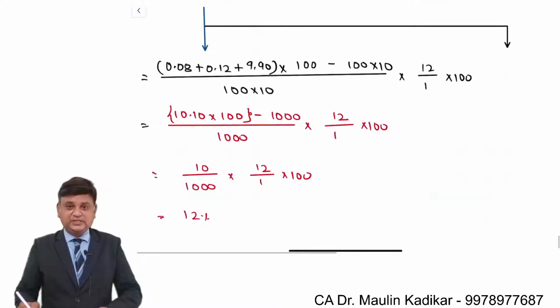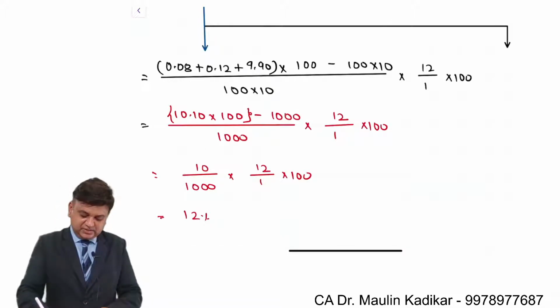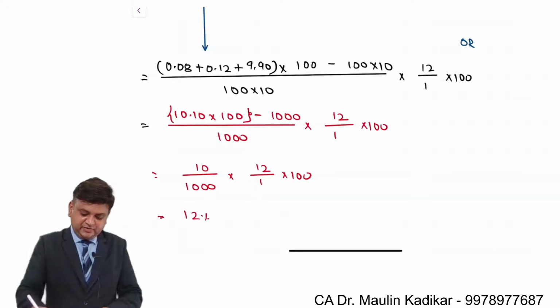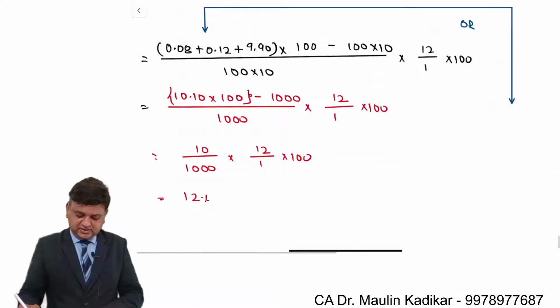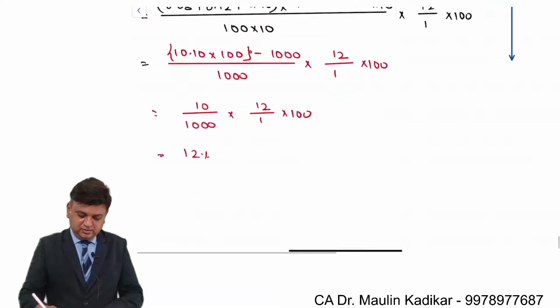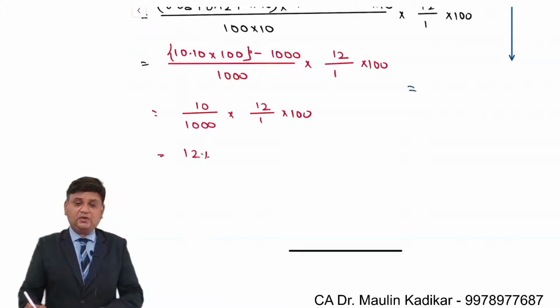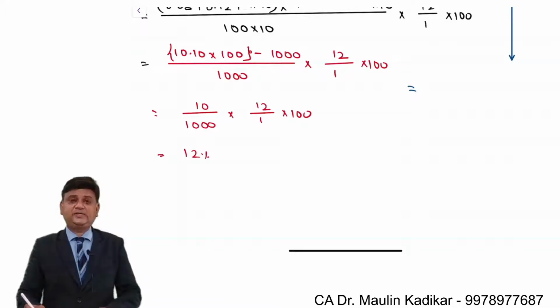This is the way you can do the answer, or otherwise you can have a different method also. How the different method can be executed, let us understand. The different method is like this. Listen to me carefully. Over here I will ignore the number of units that the investor had purchased.